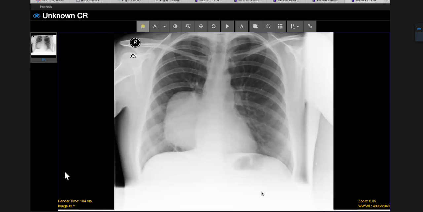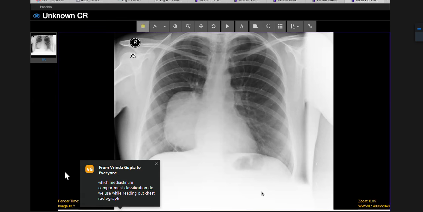With the hilum overlay sign and with the heart being appreciated separate to this mass, and it being posterior, I would put the neurogenic tumors at the top of my differential because they're very common. But it could also be an enteric cyst next to the esophagus. What I would do next is advise a CT thorax to clarify this further. Yes.